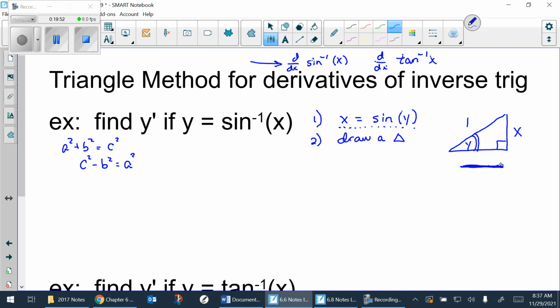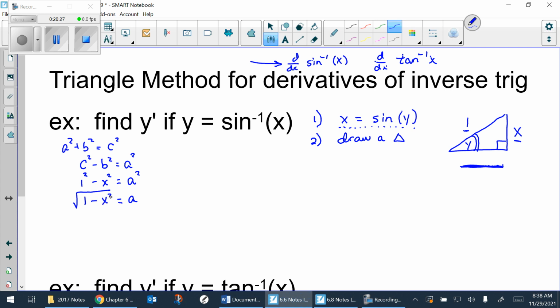To find this side, could I take hypotenuse squared minus one side I do know, and that's equal to that unknown side down there squared. Now, if I took the square root of each side, that unknown side would be equal to the square root of 1, because that's what 1 squared is, minus x squared.